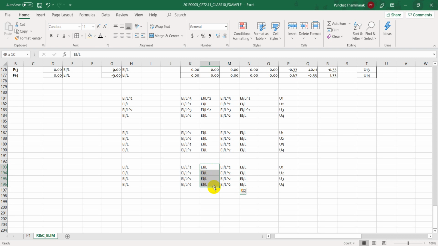Whereas the EI over L, these 2 columns are multiplied to the radian scale. So if I absorb the 1 L in here, that means I pull out 1 over L from this column and then put it here. So this is what is going to happen.